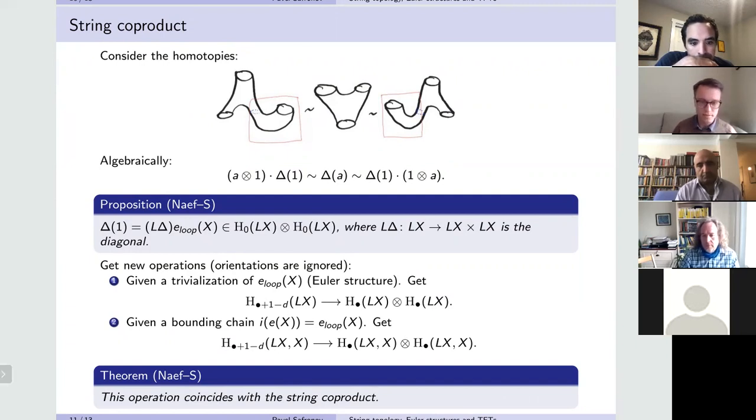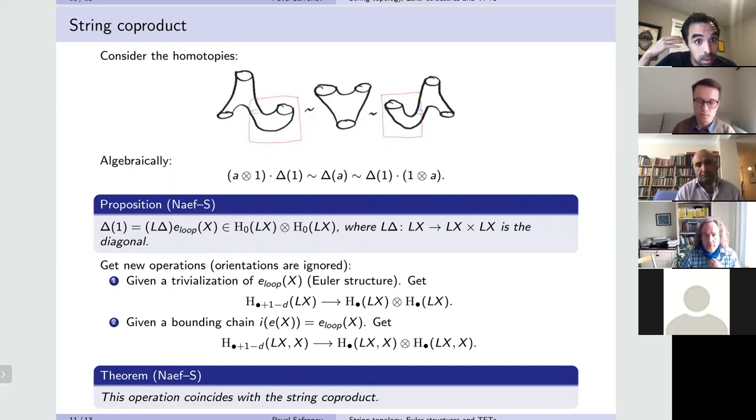When I say it recovers the string coproduct, I gave you two kinds of bounding chains in the second case, and you have to use the one that comes from intersection theory, obviously, to get the string coproduct coming from intersection theory. Pavel, can I ask a question? When you say recovers the string coproduct, you're claiming they are equivalent in homology. Yeah. How about chain level?